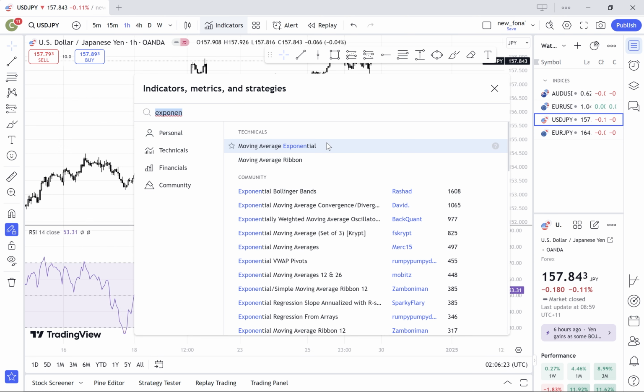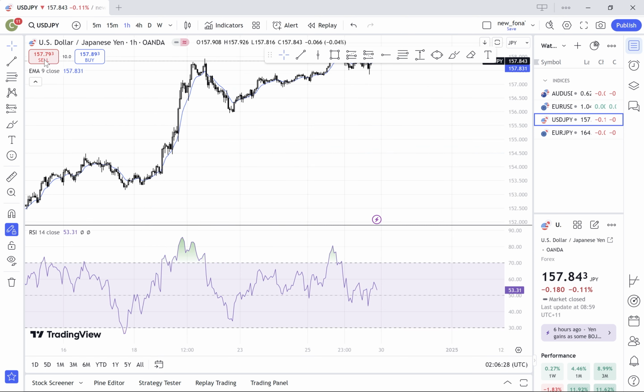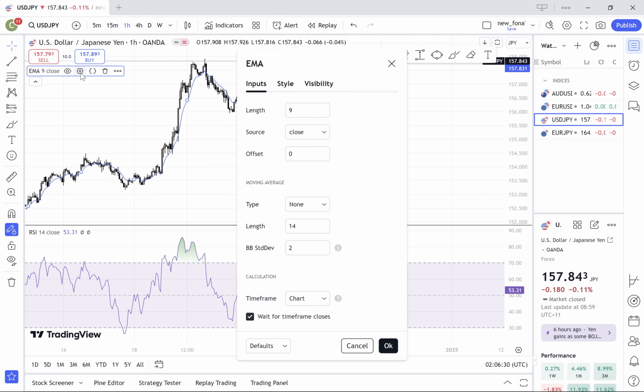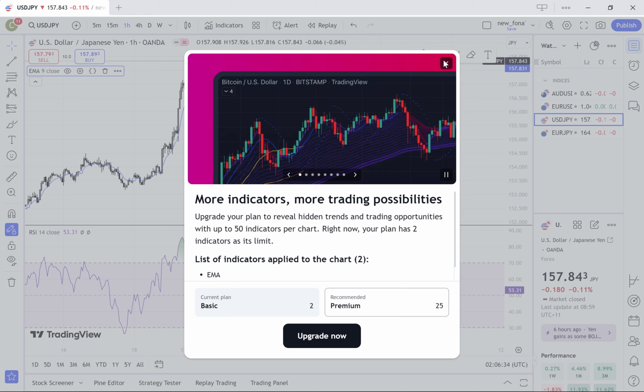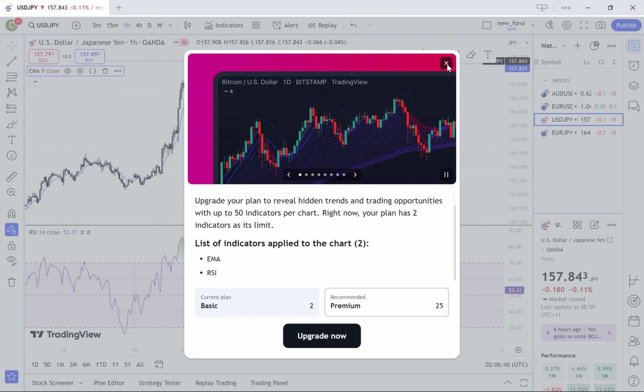So once I click on that, there's a 9 with green color.